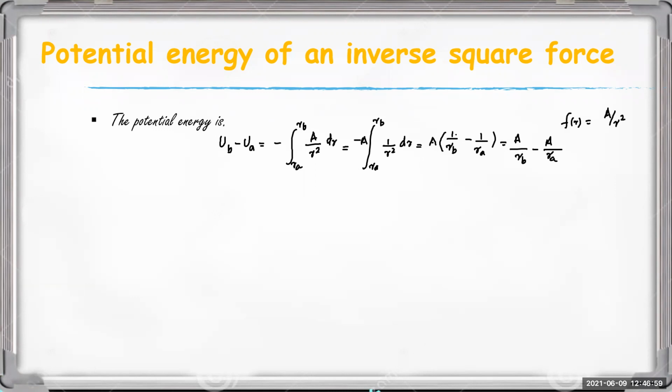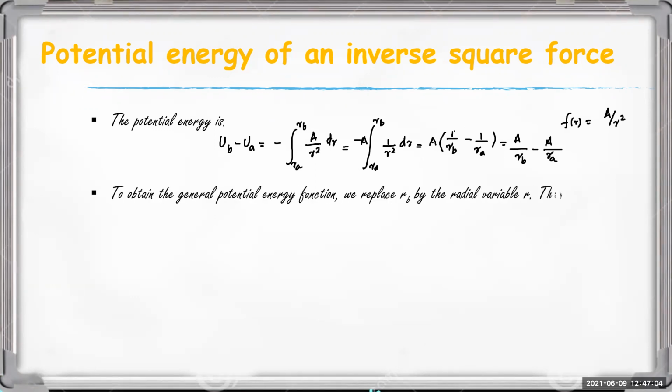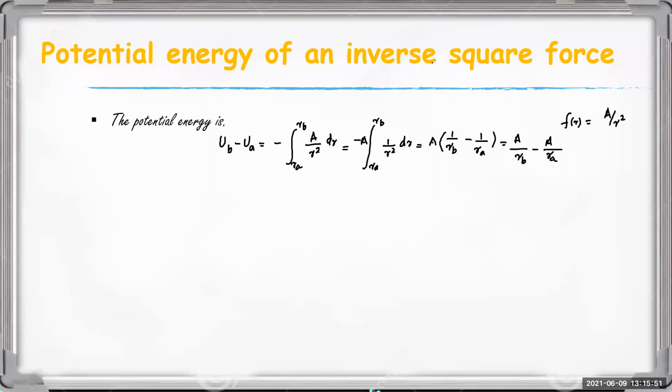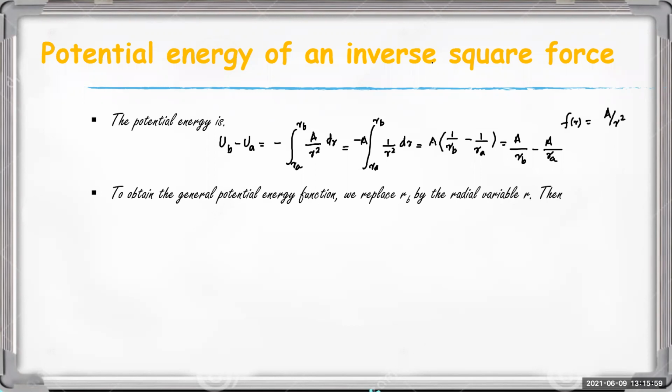To obtain the general potential energy function, we replace r_B by the radial variable r.